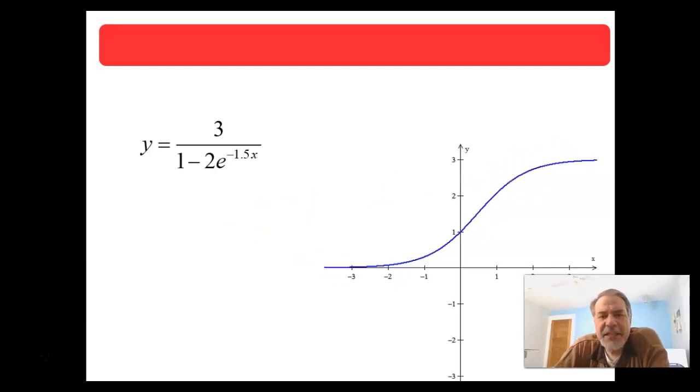And that's the kind of situation you have when there is some limiting factor, some limit to how much something can grow. There's a limit to how many people can get infected. And in the long run, how fast the infection spreads is going to depend not only on how many people are infected, but also on how many people are not infected yet.